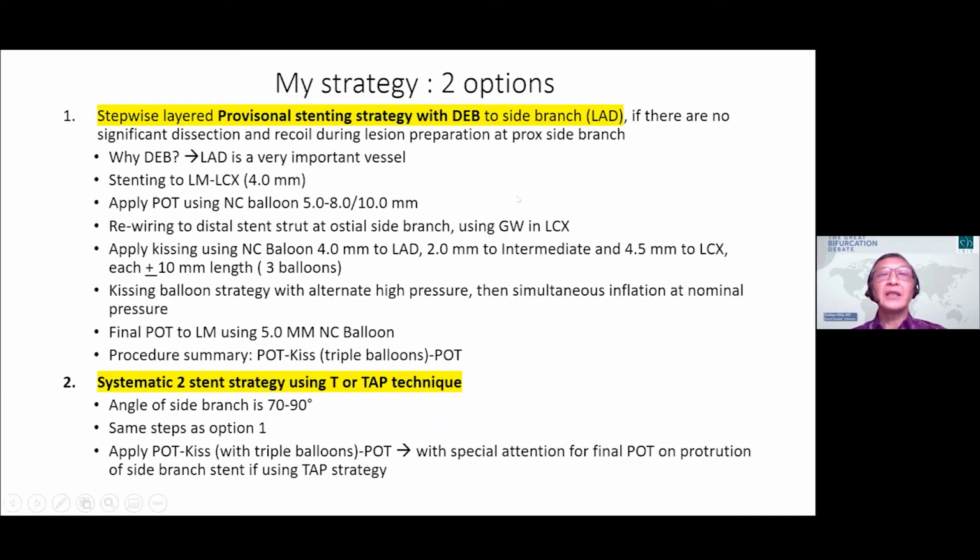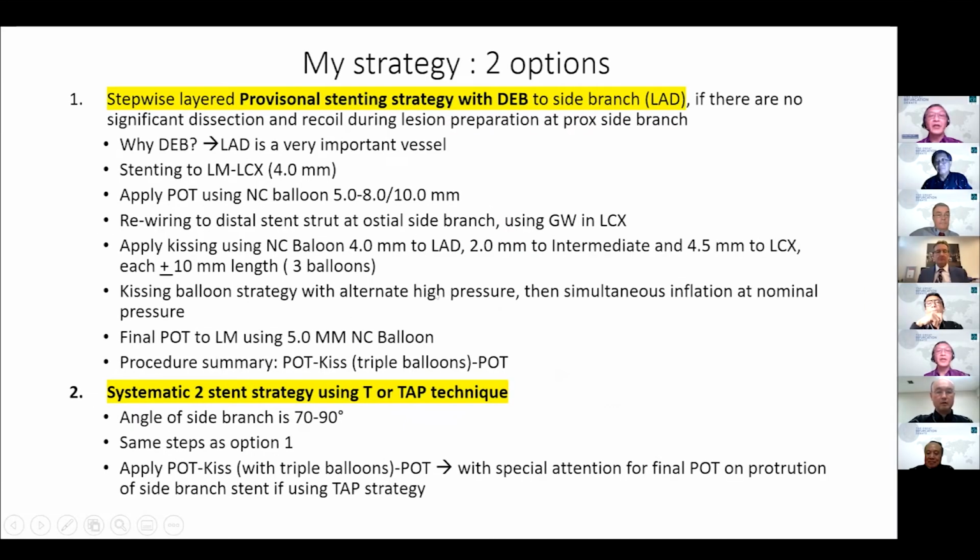And this is stepwise. I don't need to tell the details, but same as Professor Stankovic, the difference is, if I choose the provisional stenting strategy, I consider doing kissing balloon using 3 balloons, small balloons for the intermediate, and then a big balloon in the proximal main branch.